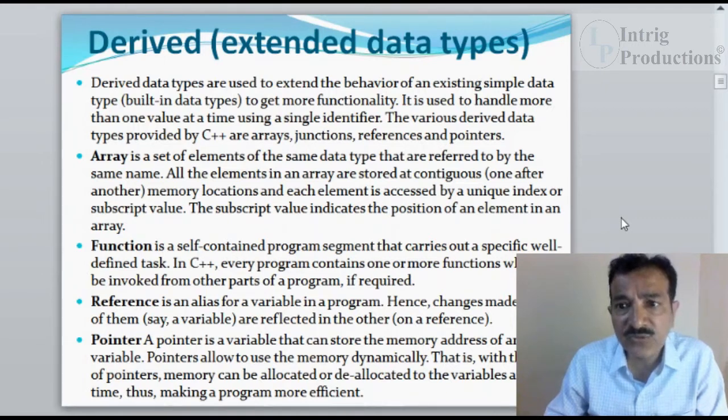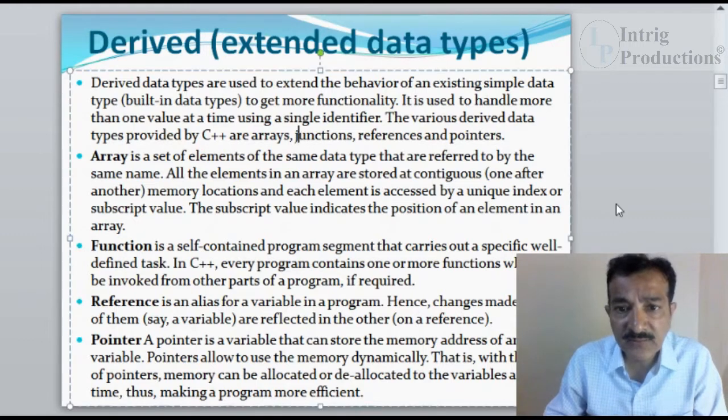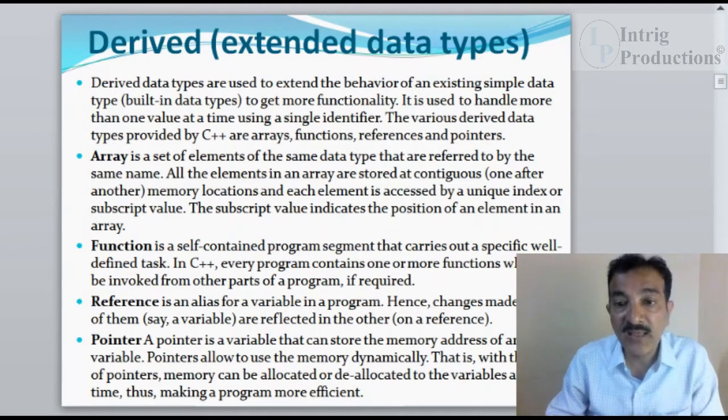It is used to handle more than one value at a time using a single identifier. The various derived data types provided by C++ are arrays, then functions, references and pointers.